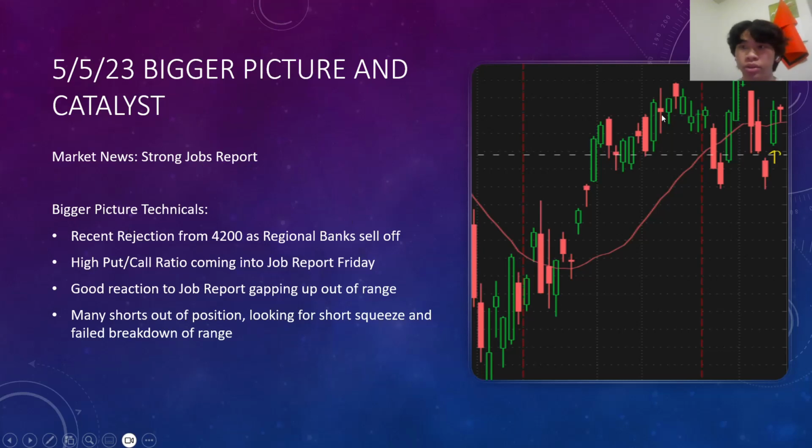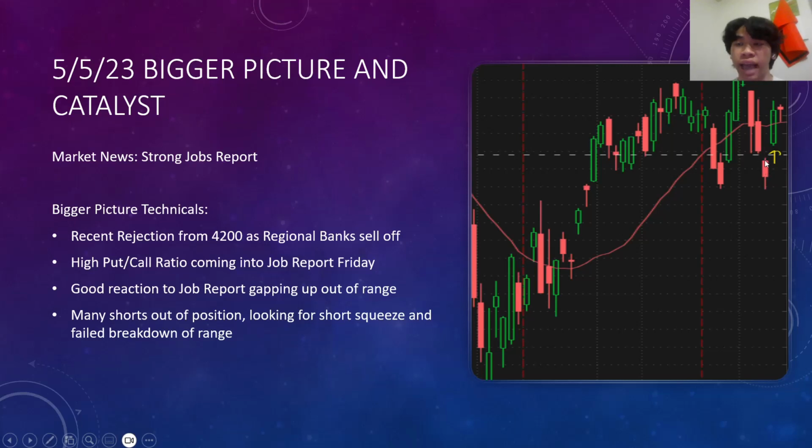There was a recent rejection from the 4,200 as regional banks were selling off, and there was a high put call ratio coming into a job report Friday. So everyone was bullish. There was a recent rejection, failed breakout, and people were really playing the short side.